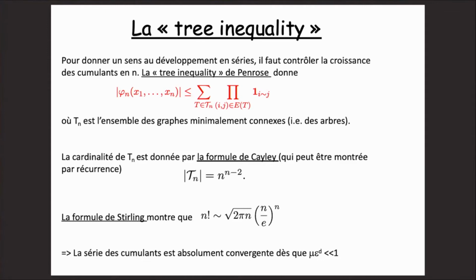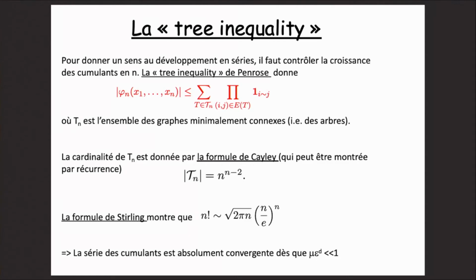So you see that the absolute value of this guy can be estimated by the sum, but now instead of summing over all possible connected graphs, you will just sum over all possible trees. So what is a tree? A tree is just a minimal connected graph, meaning that it has exactly n-1 edges.